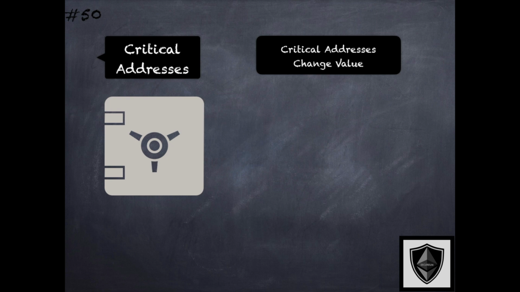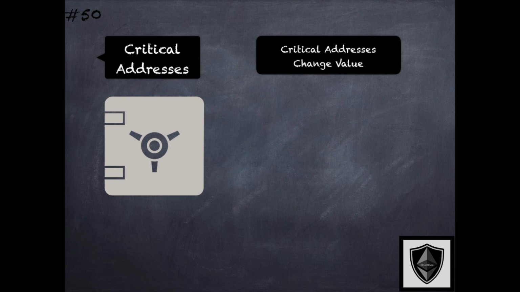These may be special privileged roles such as the owner address, which has special access to certain functions for updating critical parameters or doing other administrative aspects related to the smart contract. Or these could also be addresses of other smart contracts that are used within the context of the application. And as you can imagine, there may be scenarios where such addresses would need to be changed.